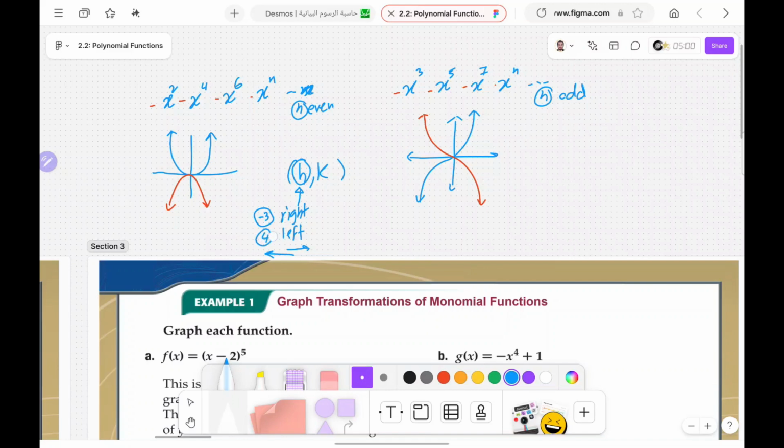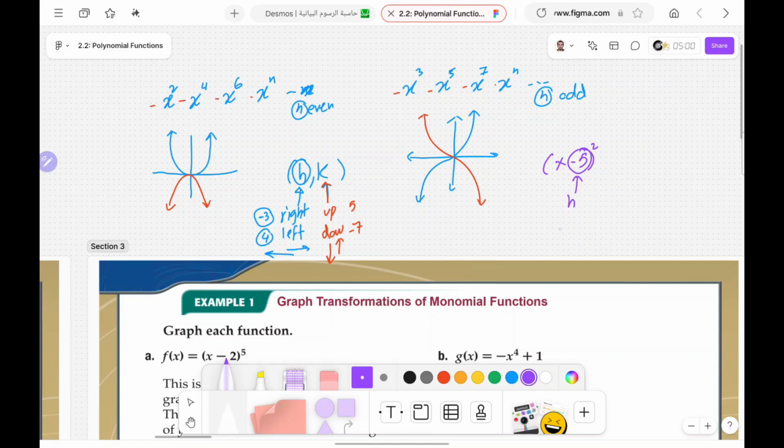If I say 4, that means left, so I'm going 4 to the left side. Now k is different. K is the translation up or down, and k is always the same sign. If it says +5, that's 5 steps up, and -7 means 7 steps down. And don't forget that if the x is with any number like this one squared, this 5 here represents h or k.